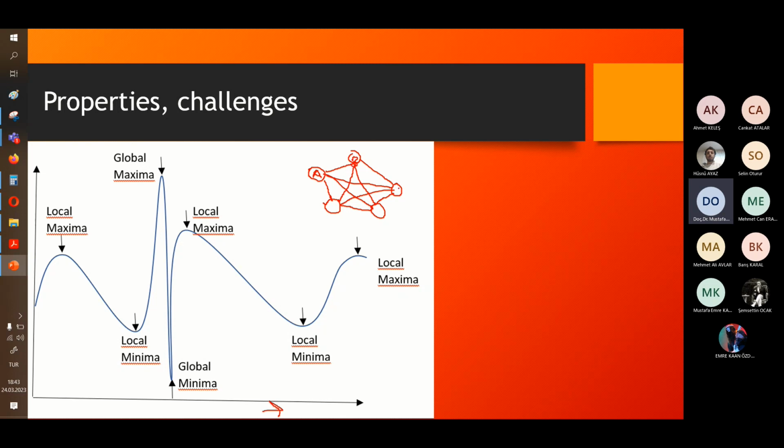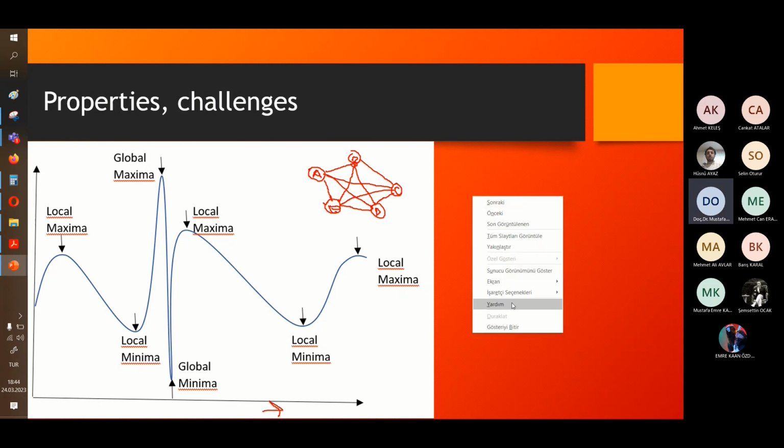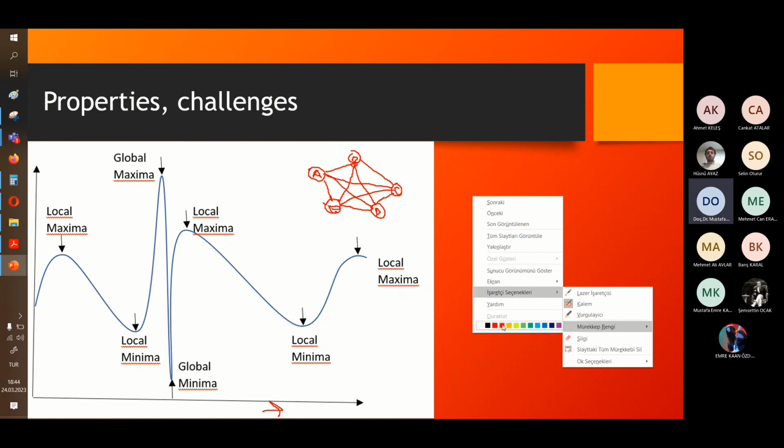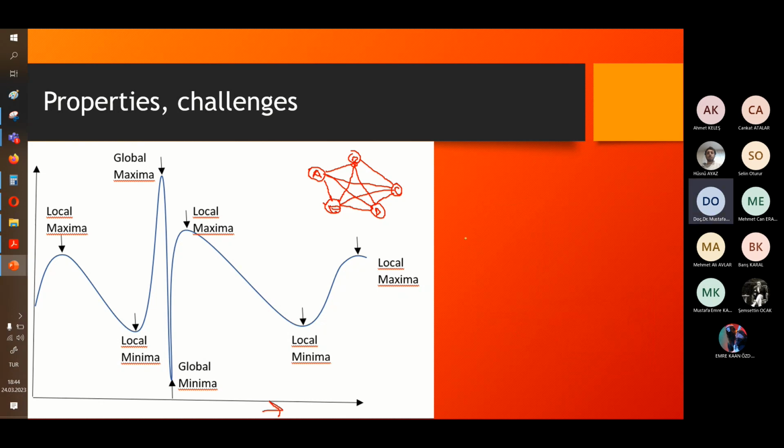So the names of the cities, let's say A, B, C, D, and E. If I say write a solution, I want to change the color. Let me put it as green. Now for the 5 cities, I'm writing a solution.